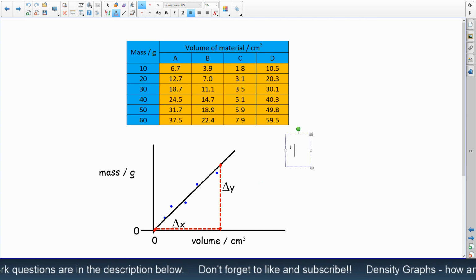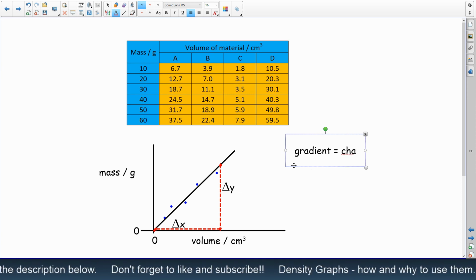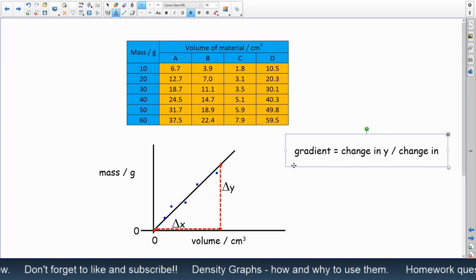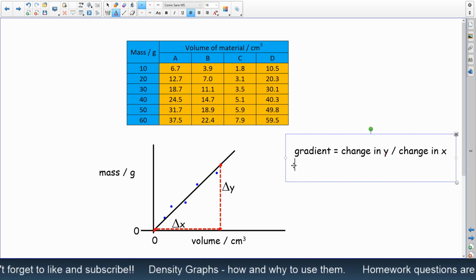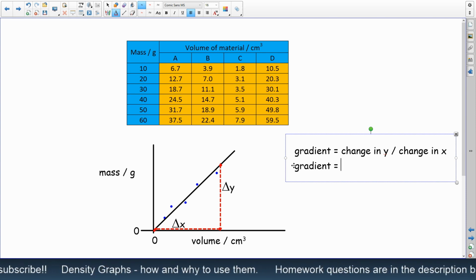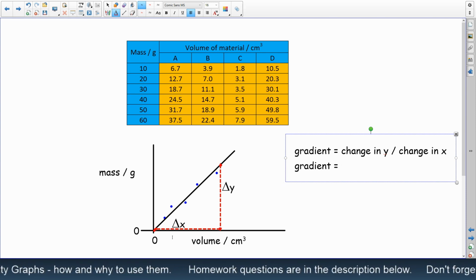Okay, and my gradient then is equal to the change in y divided by the change in x. But my gradient is equal to, well, the change in y is simply the mass of the object.